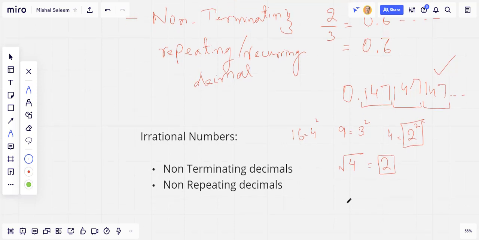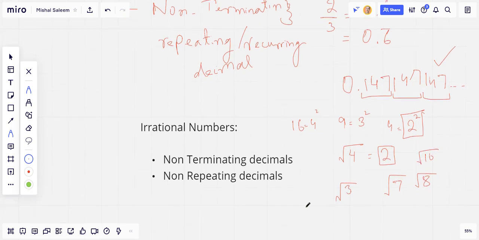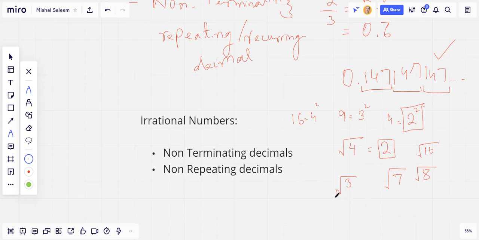Whenever you get a non-perfect square number inside the square root, like 3, it is an irrational number, because when you find the square root of 3, you get a non-terminating and non-repeating decimal. You can try it using your own calculator. So that's a trick: just by looking at it, you can tell whether a number is irrational or rational. 7 is not a perfect square, 8 is not, 10 is not, so these numbers inside the root are irrational numbers.